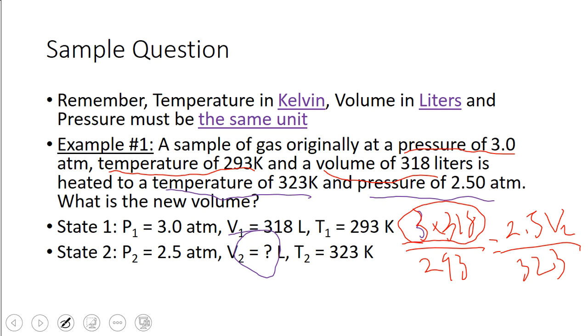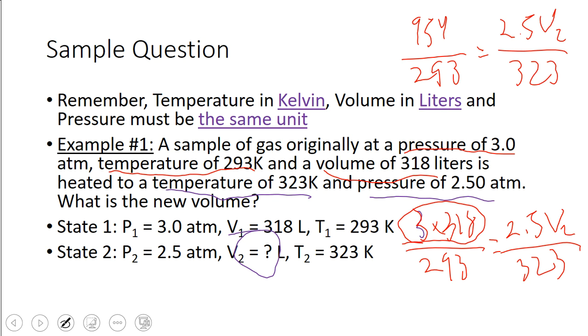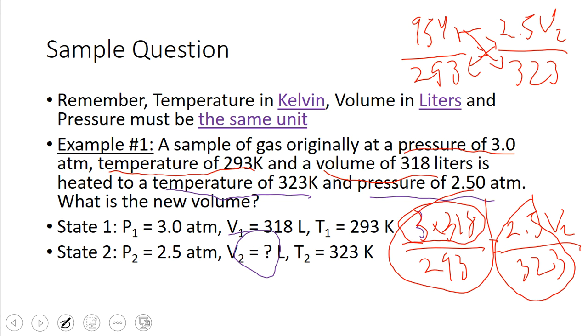So then that would be 954 over 293 is equal to 2.5 V2 divided by 323. And then you can do some cross multiplication here if you wish, or you could just turn all this into a number and all of that to a number and solve for V2. Whichever you're more comfortable with algebraically, you should get an answer of 420 liters.